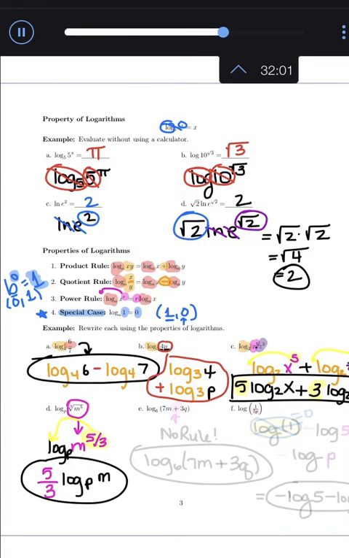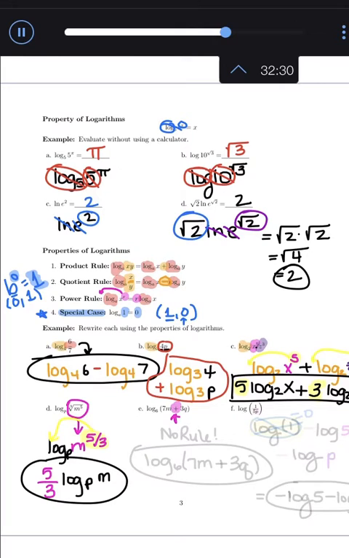Now let's look at E. In E we have log base 6 of 7m plus 3q. Notice the one thing that we see in this one inside of that log that we have not seen yet is this plus sign. We have rules for multiplication, we have rules for division, we have rules for exponents or powers, but we do not have a rule for a plus or a minus inside of a log.